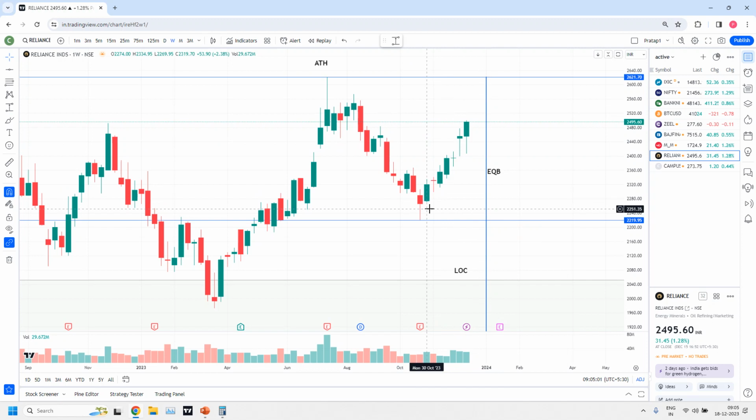Now, uptrend in equilibrium, what kind of decisions do you have to take? We have to take a buying decision. Because the trend is an uptrend, we are in the equilibrium. Equilibrium supports both buying and selling decisions, but because the trend is an uptrend, we cannot take selling decisions in equilibrium.